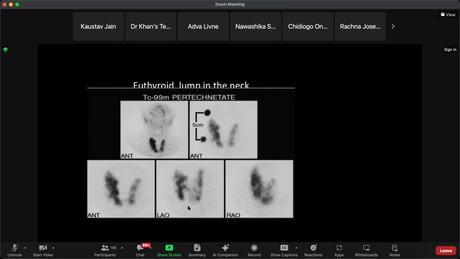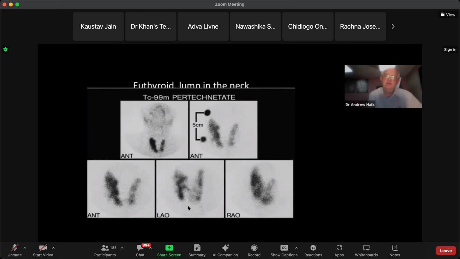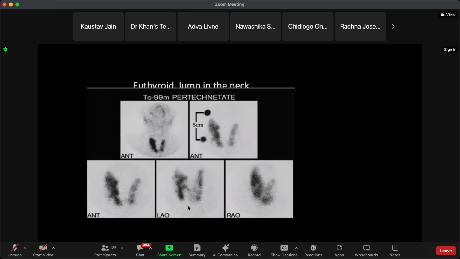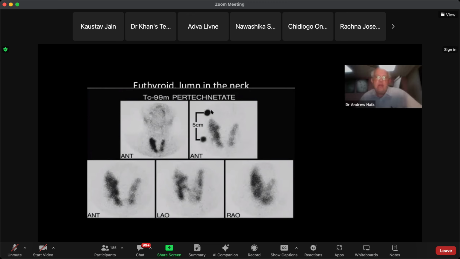It doesn't look very diffuse, more nodular. So whether this could be maybe a multinodular goiter or multinodular process? That's right. So we've got a big gland. It's more than 5 centimetres top to bottom, and there are patchy areas of increased and decreased uptake on both lobes, maybe a bit more on the right, but in both lobes, that's likely to be a multinodular goiter.